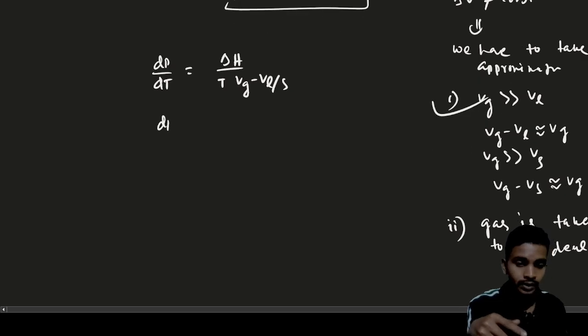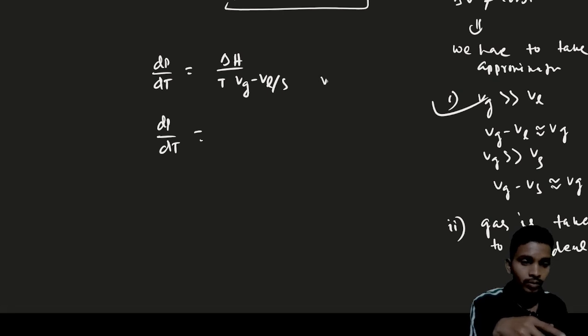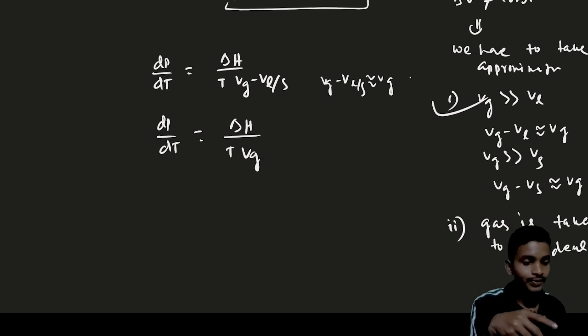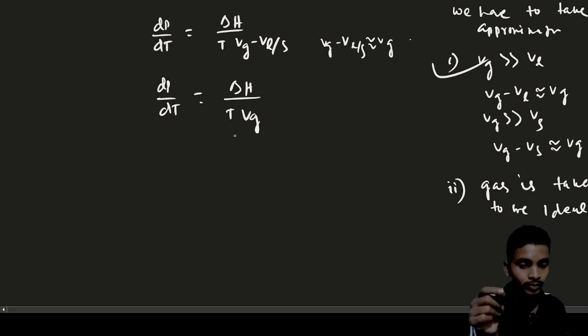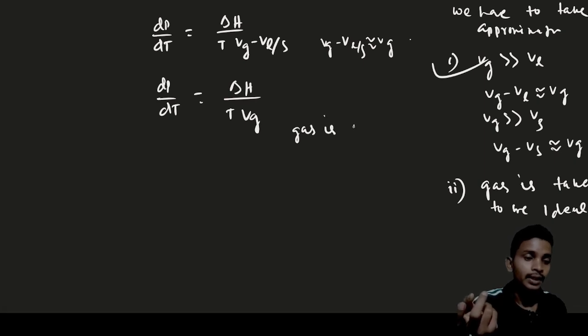And this is nearly equal to the volume of gas. So dP/dT = ΔH/(T V gas), and we assume that the gas is an ideal gas.